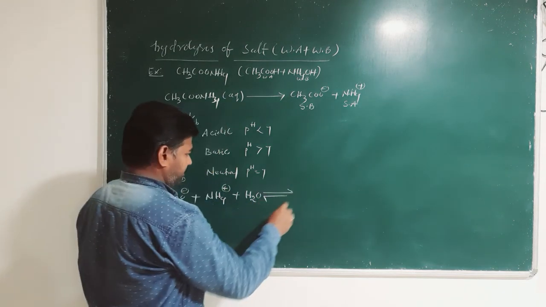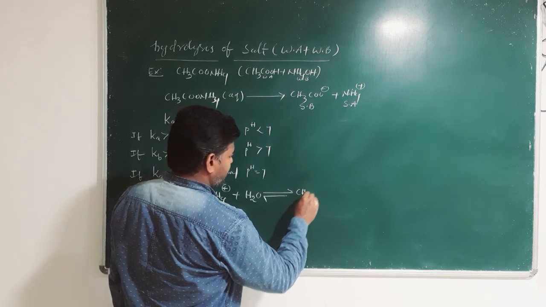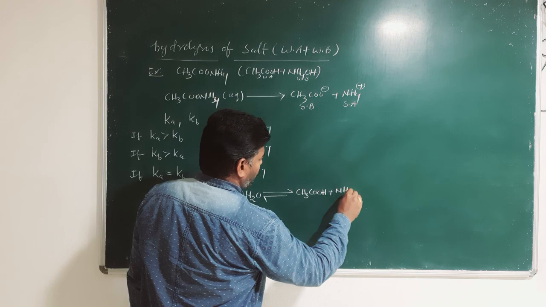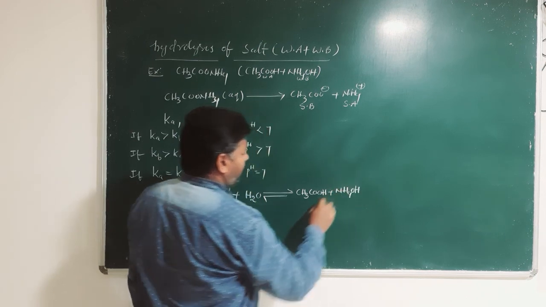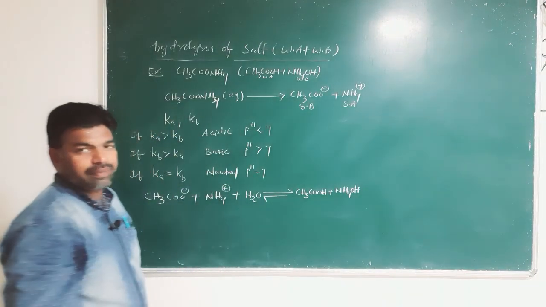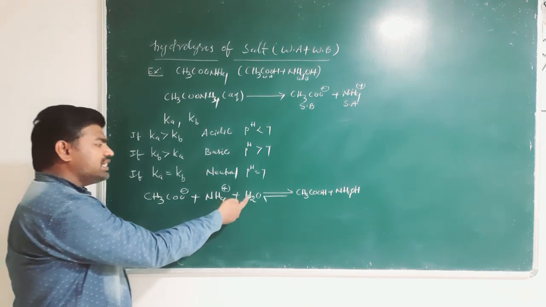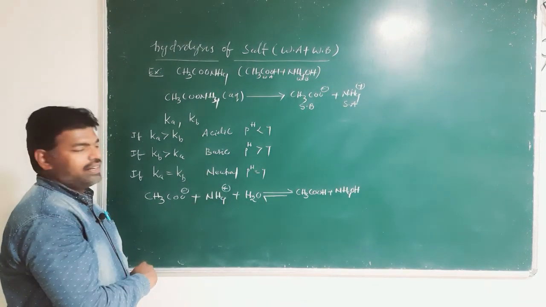So, here the water interacts with the cation as well as the anion, that forms acetic acid plus NH4OH, weak acid and weak base. So, this undergoes salt hydrolysis.